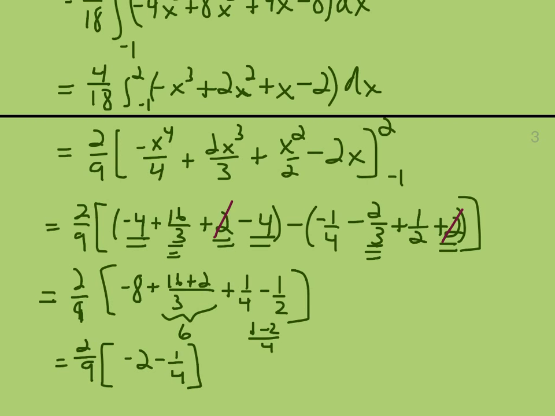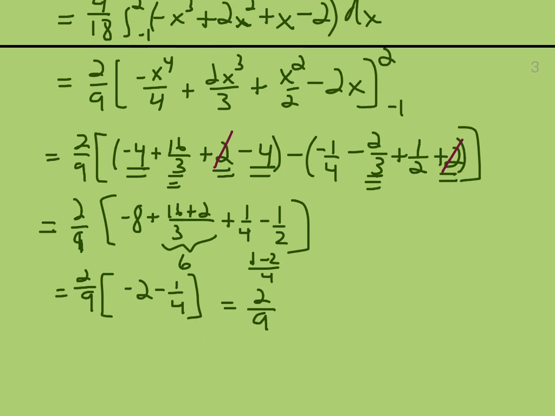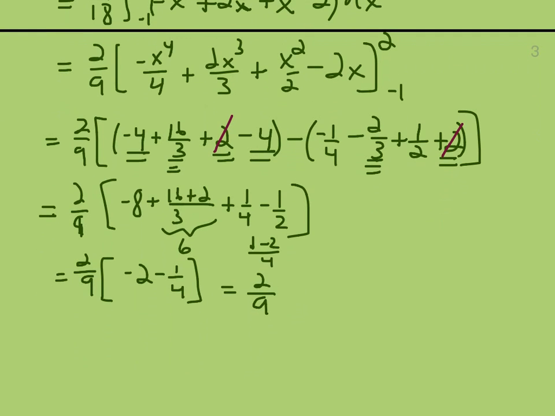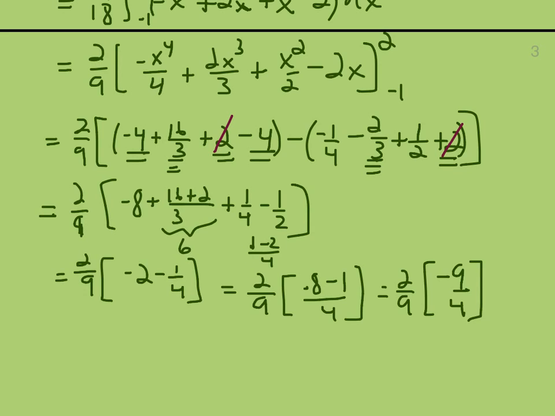And so that'll be 2/9, and then we'll have altogether negative 8 minus 1 all over 4. So 2/9 and negative 9/4. Cancel out those 9s. And it looks like the y bar is negative 1/2.